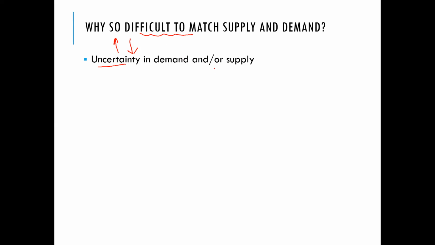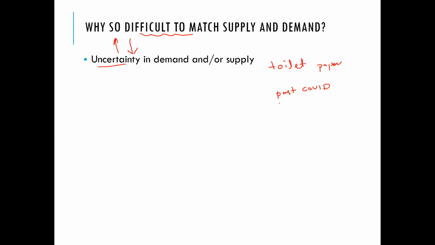Again, I'll go back to the example of toilet paper. Pre-COVID, it was easier to match demand with supply because the demand was certain. There were small changes in demand, but not huge changes.